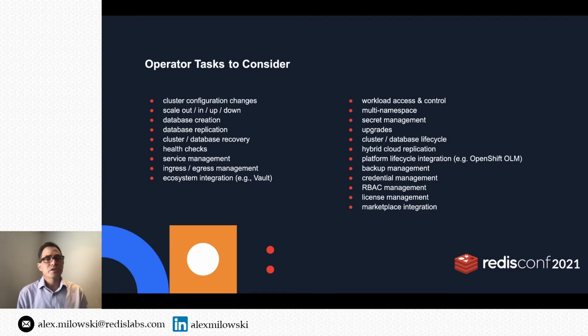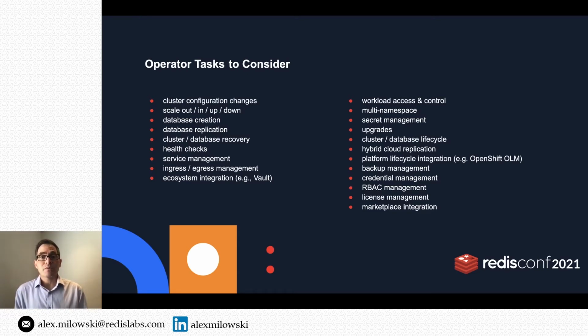Hybrid cloud situation, you may have different integration points. There may be ingress management to be able to manage the cloud replication. You have platform lifecycle integration, so things like OpenShift have the OLM. You may want to utilize that for managing subscriptions to operators and new versions.